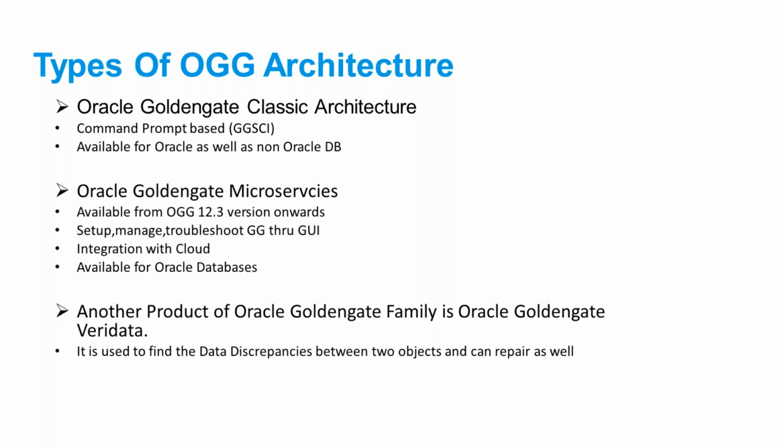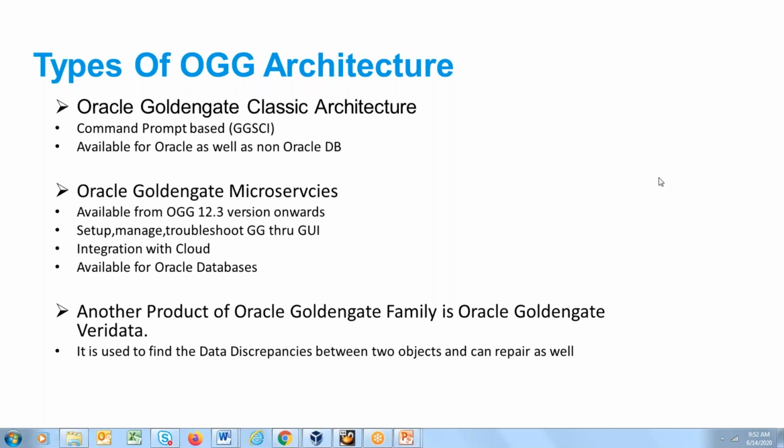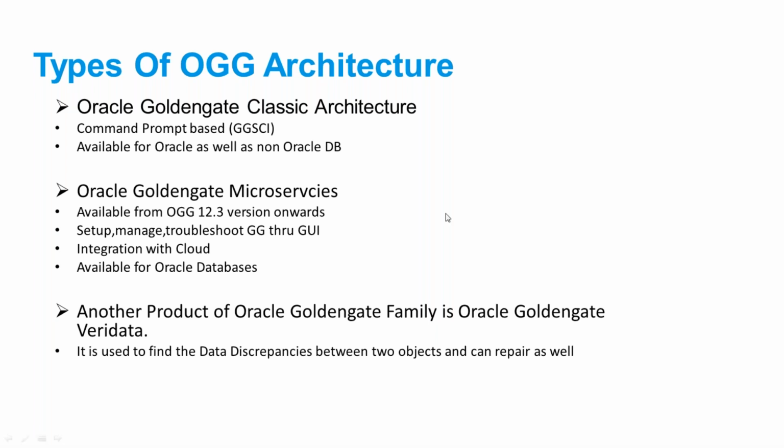So this technology is not going to end now. That's why they have launched Oracle Golden Gate Microservices to stay afloat with current market trends. So you have the option of choosing either classic architecture or microservices architecture when you're using Oracle Golden Gate.